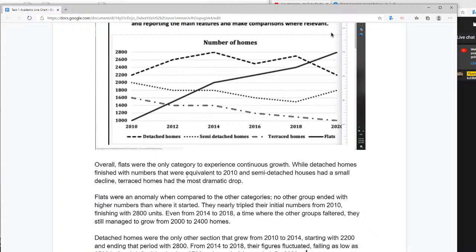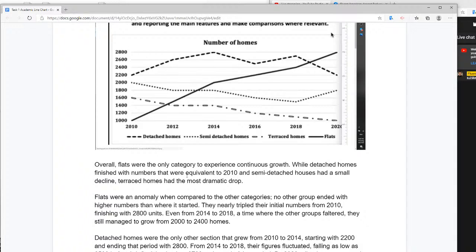By 2020, all gains were erased as detached, that's the amount of detached homes, fell back to the same numbers from a decade earlier.